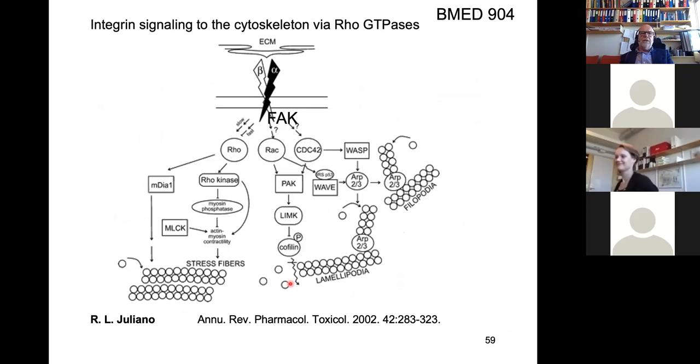And these small GTPases are all regulated via integrin via focal adhesion kinase. There are different types of interactions and different factors in different cell types. So this is a very finely tuned signaling mechanism.